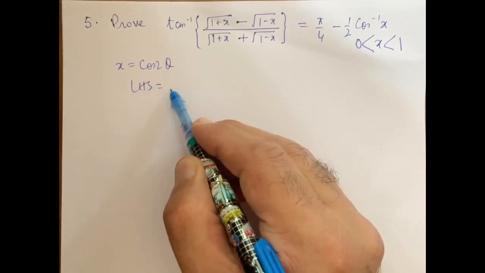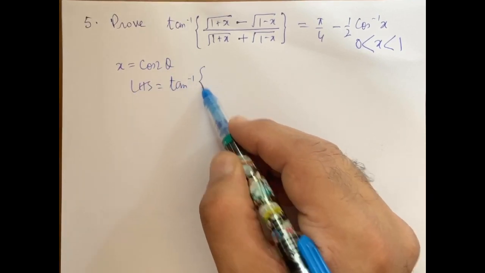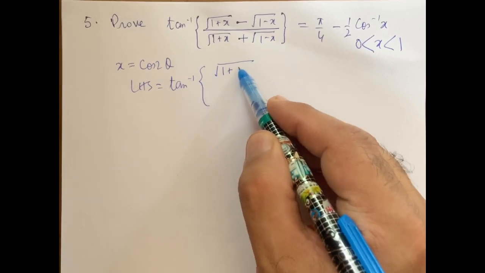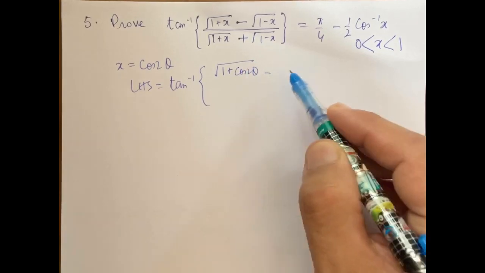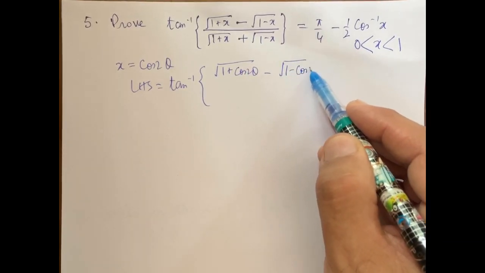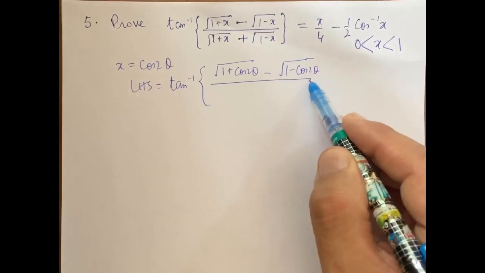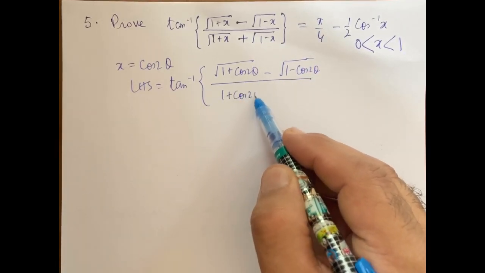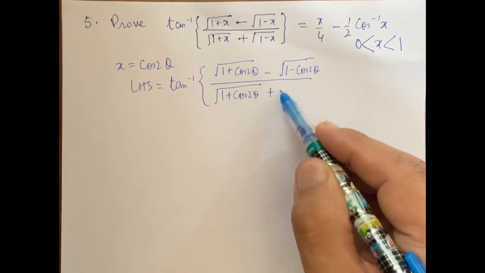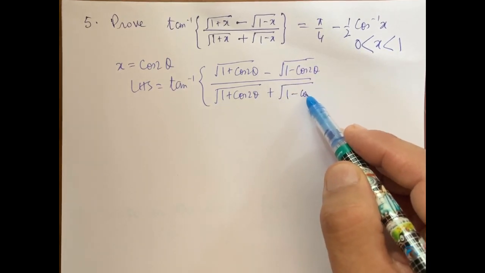Left hand side, this is tan inverse of root 1 plus cos of 2 theta minus root 1 minus cos of 2 theta upon root 1 plus cos of 2 theta plus root 1 minus cos of 2 theta.